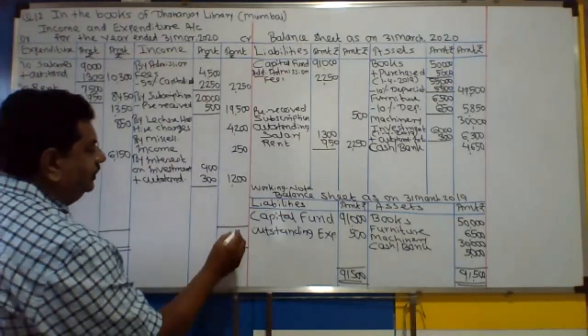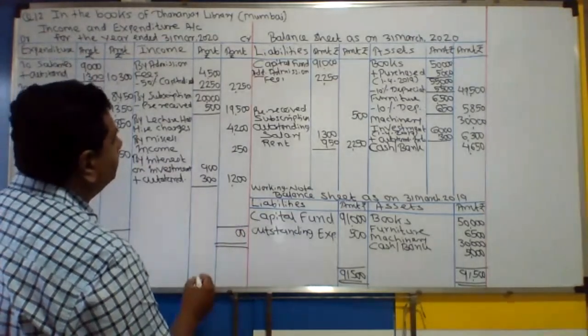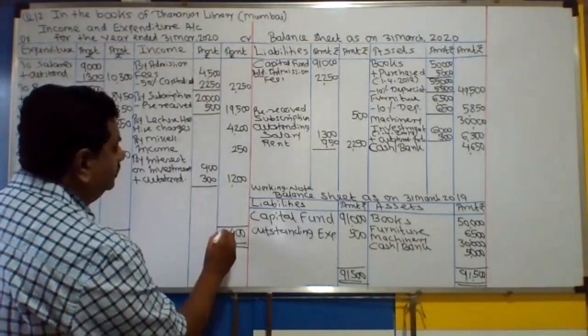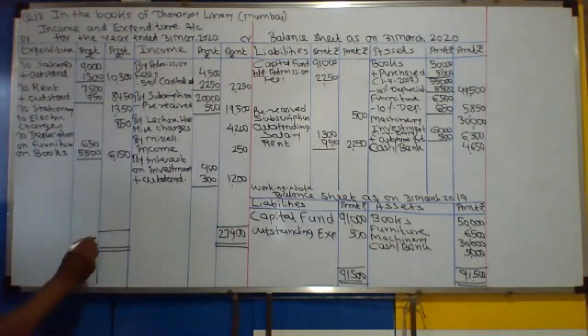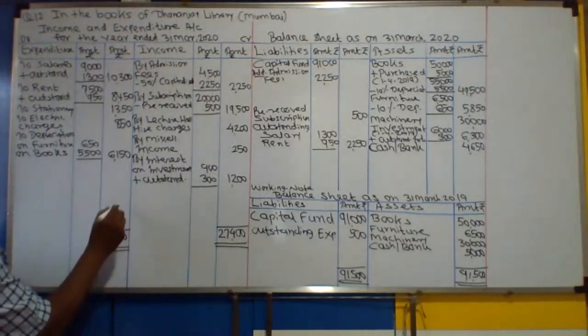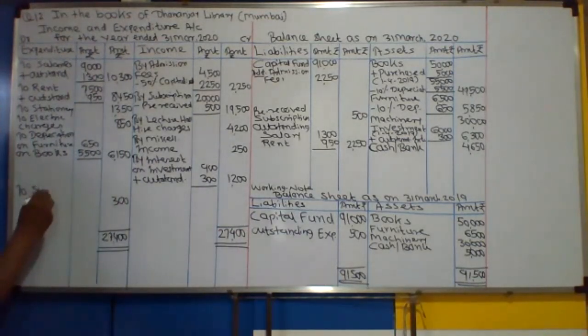I know there is a surplus. So the surplus is only 300 rupees.